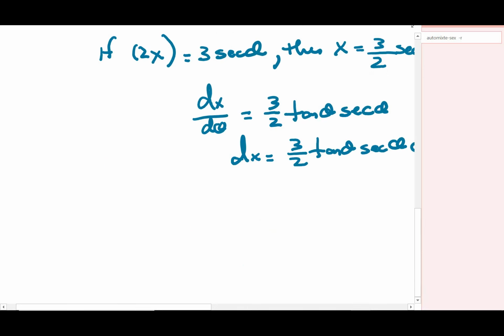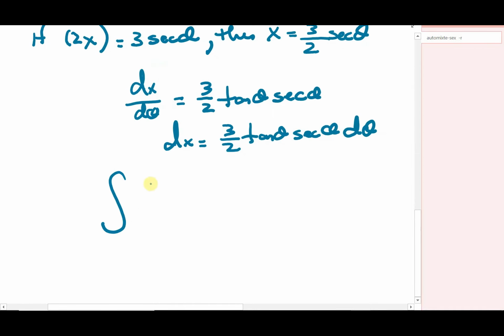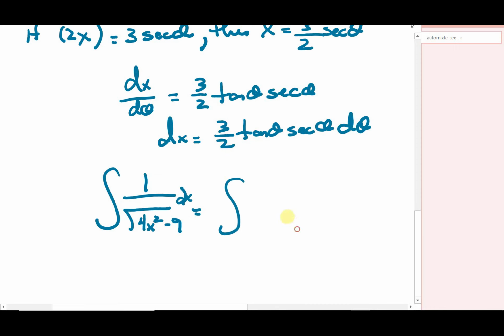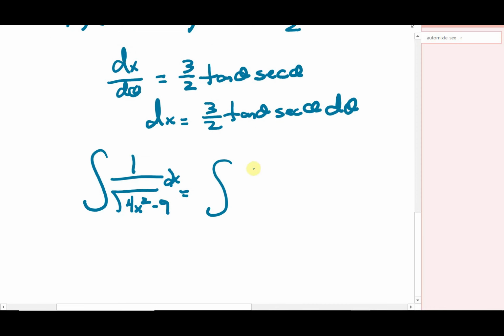So now we're evaluating the indefinite integral of 1 divided by the square root of 4x squared minus 9 times our dx. So now we're inputting the 1 over the radical; we already solved the radical was 3 tan theta, and then dx becomes, we can take the 3 over 2 outside, and we're left with tan theta secant theta d theta.